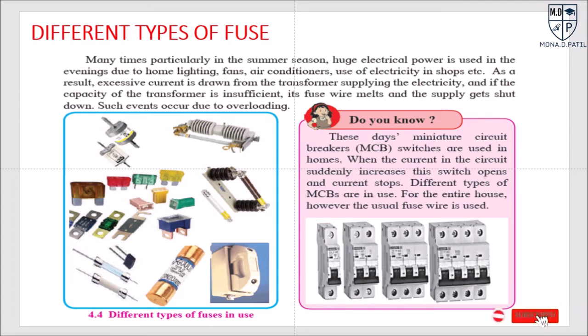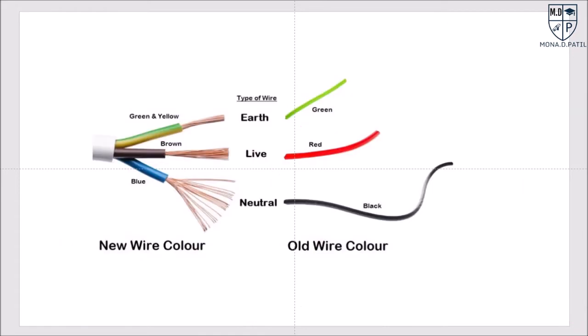The home electrical connection consists of live, neutral and earth wire. In the next PPT I can show you this. These are the 3 types of wire, and you can see these wires are denoted with different colors. The earth wire is denoted with green or yellow color, the live wire with red or brown color, and the neutral wire with blue or black.